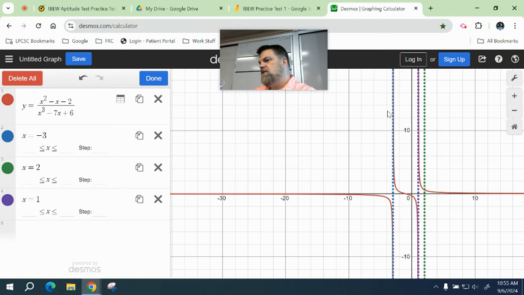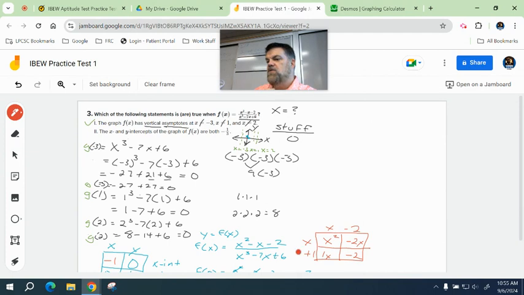So the vertical asymptote means that this red line never crosses, this red line never crosses, and this line is trapped right here. What they were trying to get you to see is that if you had a vertical asymptote here, here and here, there's no way that this could cross here and here because of the graph. But I think the easiest thing to do would be to do the math.